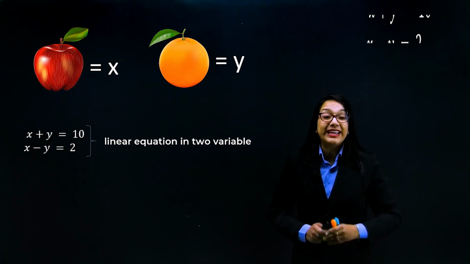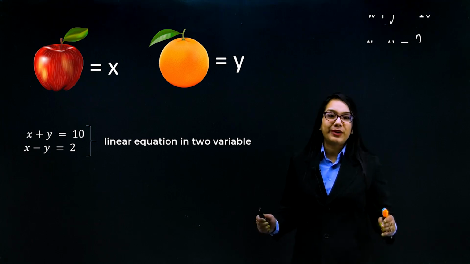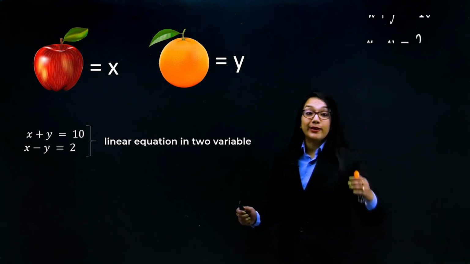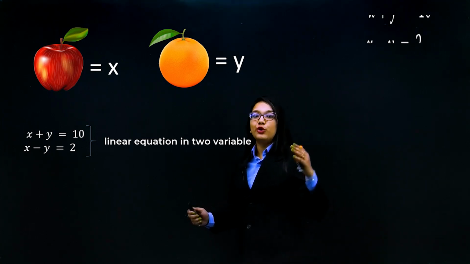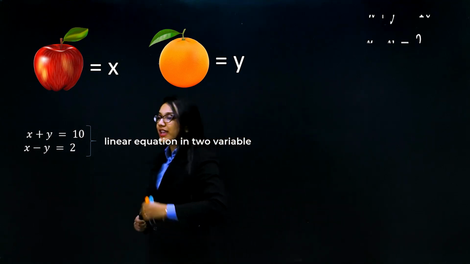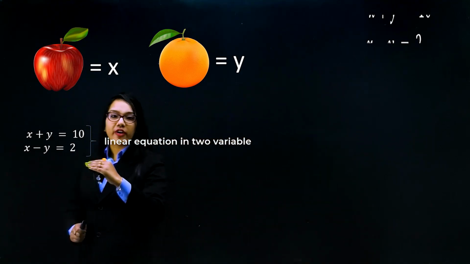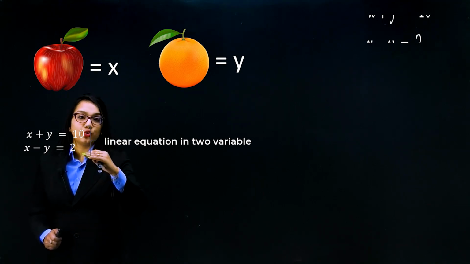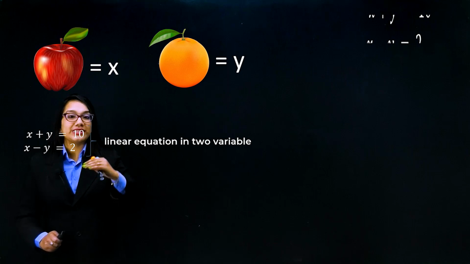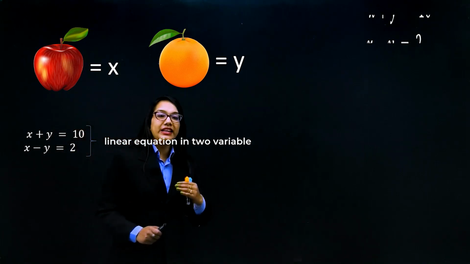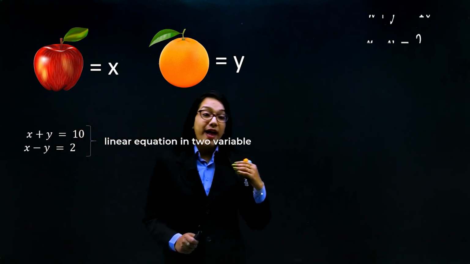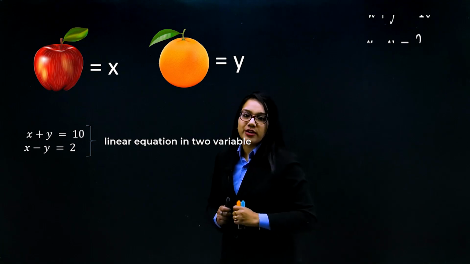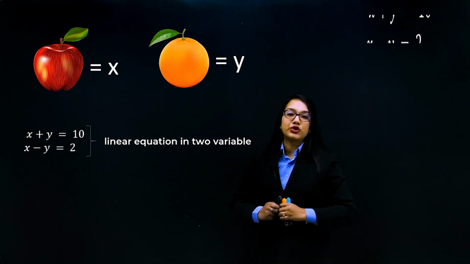Fortunately, this is our chapter today, which we are going to start: what are linear equations in 2 variables. As we can see, there are 2 equations here: x plus y is equal to 10 and x minus y is equal to 2. Both of these equations are called linear equations in 2 variables. So let's start with our chapter.